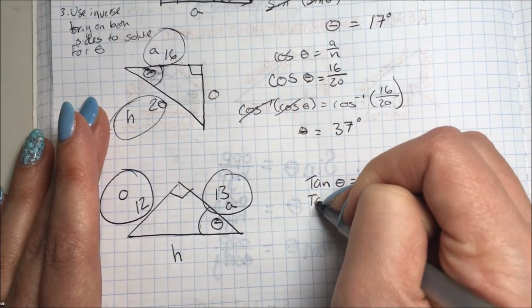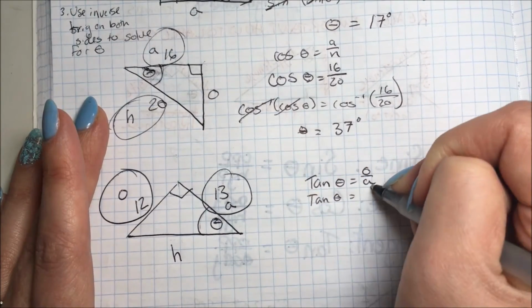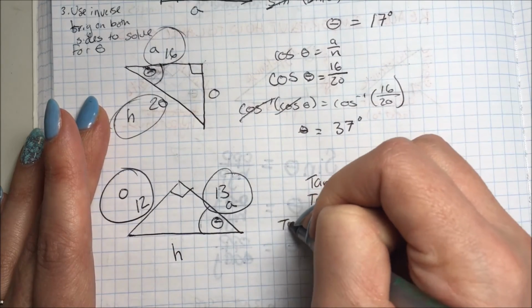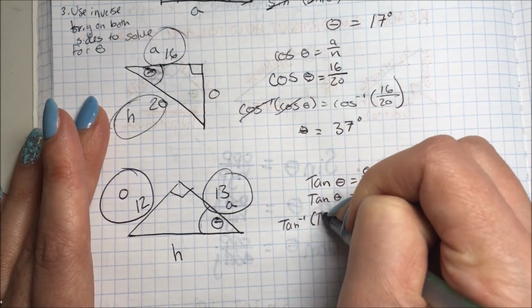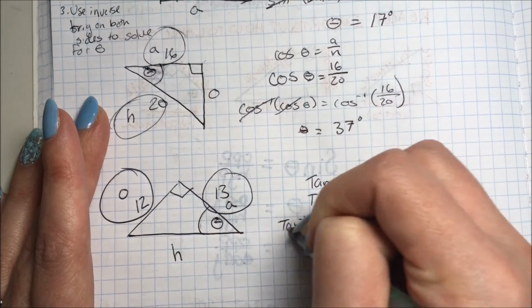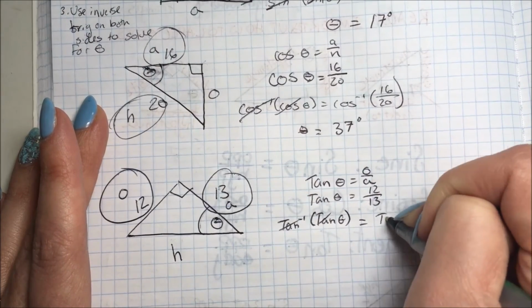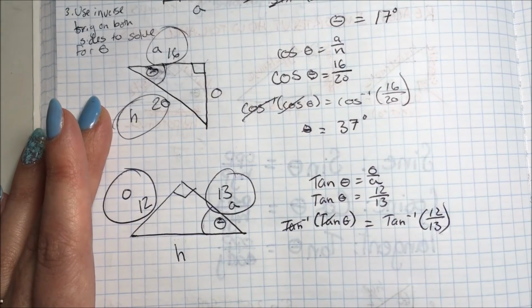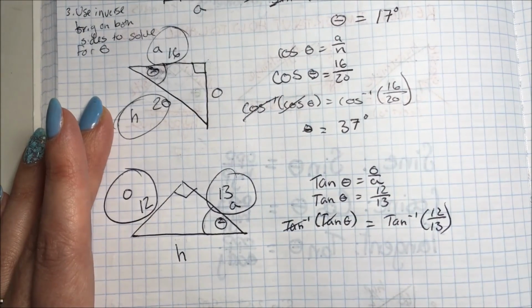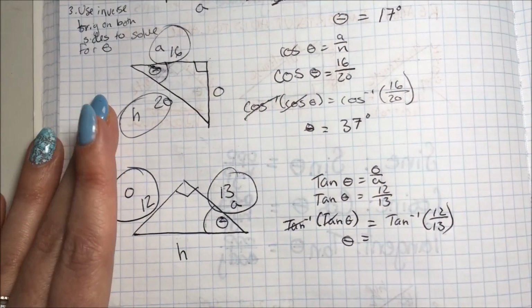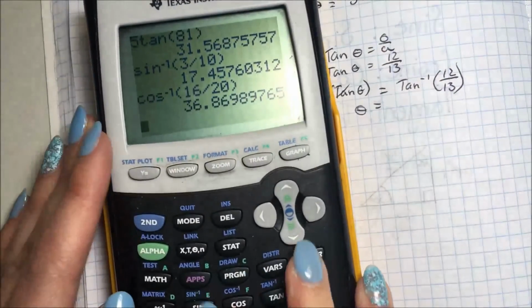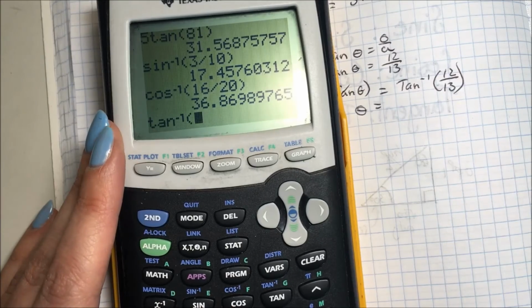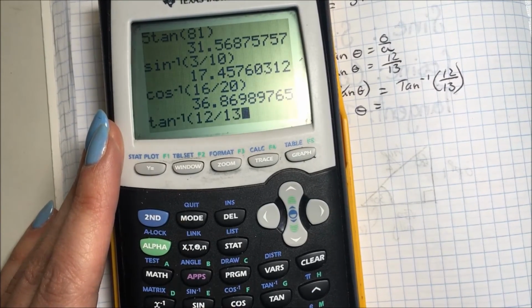So the tangent of theta is 12/13. And I'm going to do inverse tangent on both sides to cancel out the tangent. And I get theta equals tan -1, so that's second tangent, 12 divided by 13.